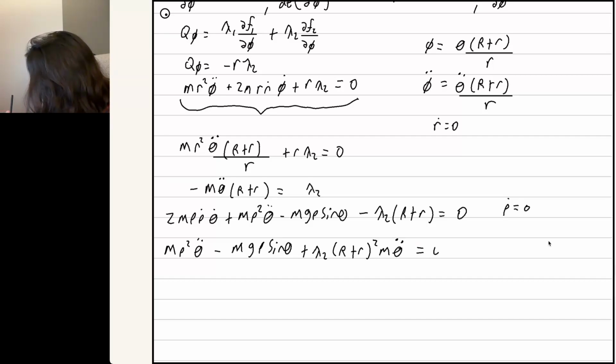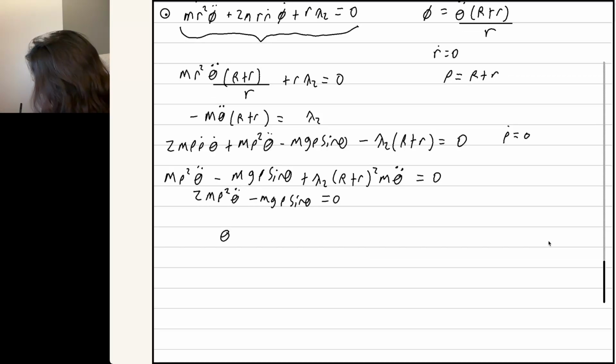Okay. Now, remember the definition of rho is that it's exactly equal to r plus r. So we can now plug that in to this and then collect terms. So you'll actually have 2 factors of m rho squared times theta double dot minus mg rho sine theta is equal to 0.